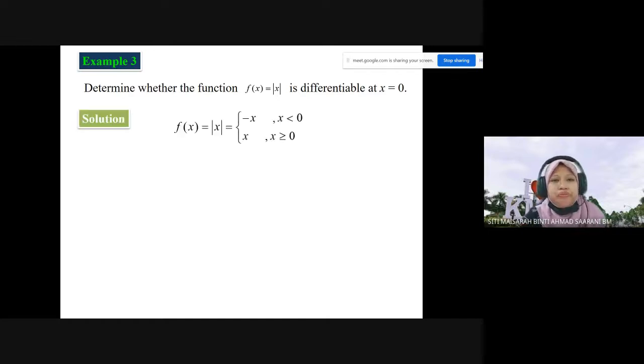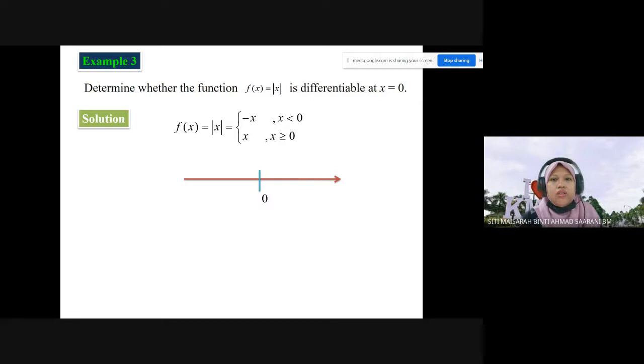Biasanya kita start with positive: x for x more than 0 and negative x for x less than 0. So dia ada satu positif, satu negatif for absolute value function. And then kita boleh identify lah yang mana satu untuk kanan, yang mana satu untuk kiri.